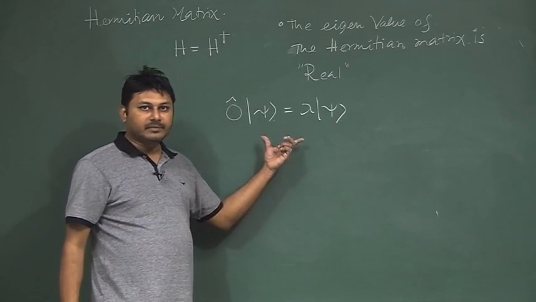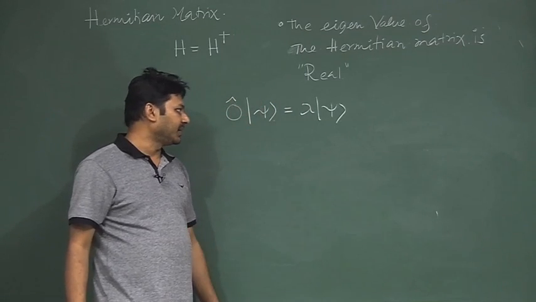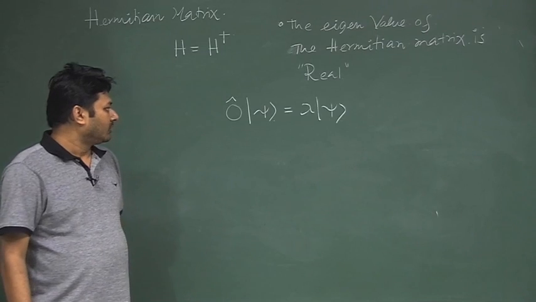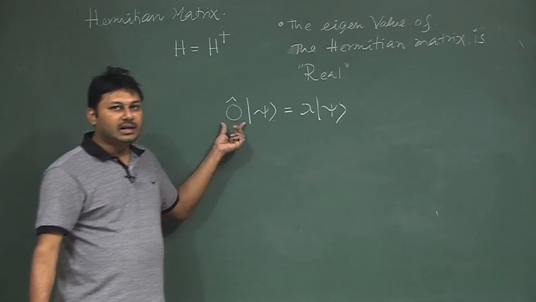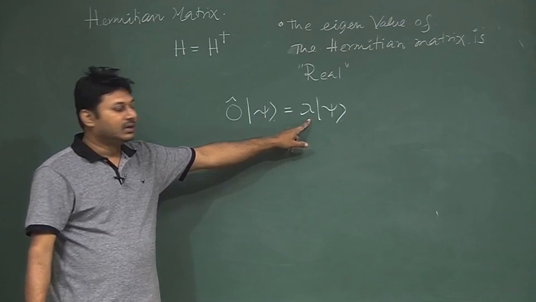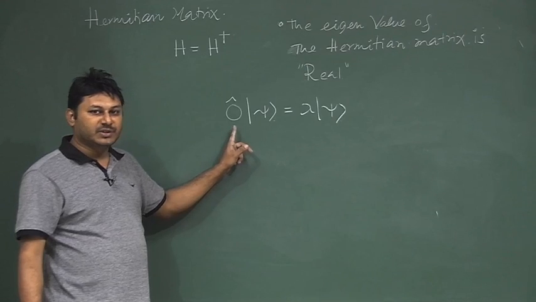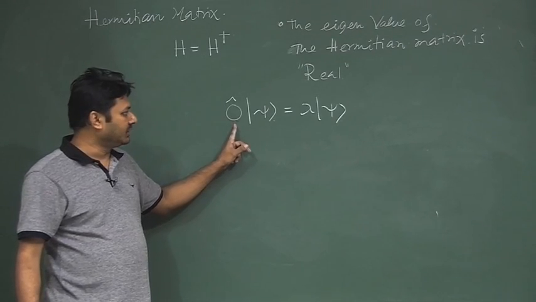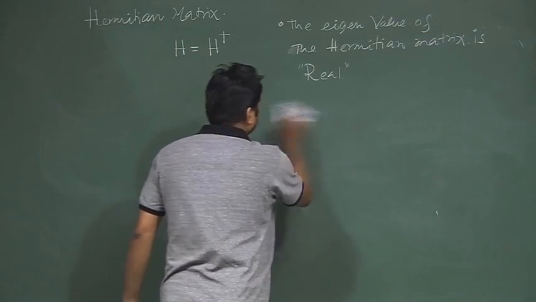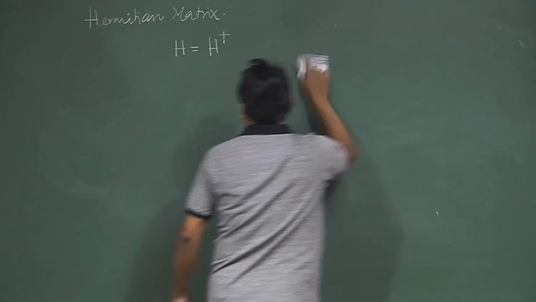This is the same structure that we use in linear vector space in the context of matrix operations. Now if this operator is a real operator, the corresponding eigenvalue has to be real. That is why in quantum mechanics we choose operators which are Hermitian in nature. If it is Hermitian, then I always get a real eigenvalue. However, I have not proved that so far, so let me try to prove that.